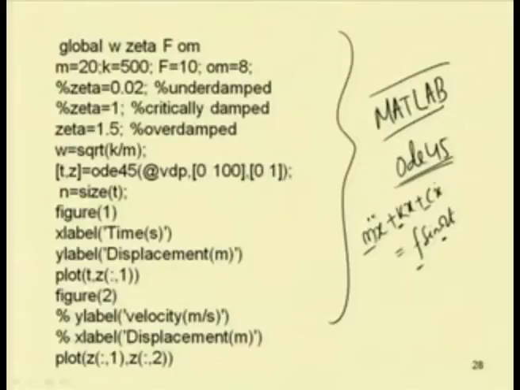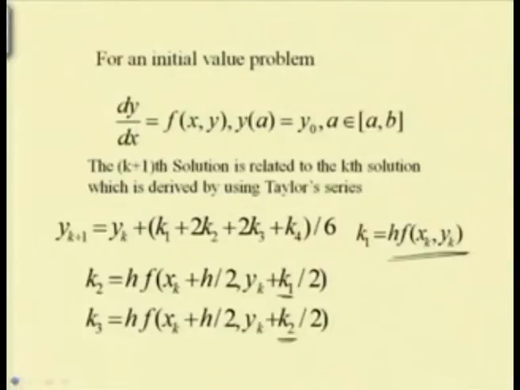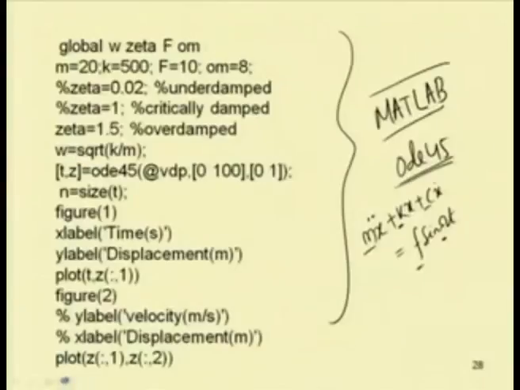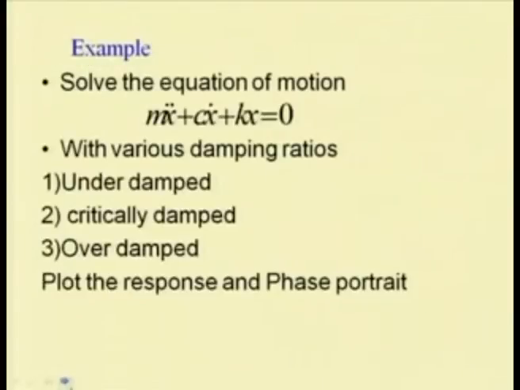So, to reduce this into a set of first order equations, one can write this equation in this form. Okay, so let me write this equation. The equation is m x double dot plus c x dot plus k x equal to f sin omega t.